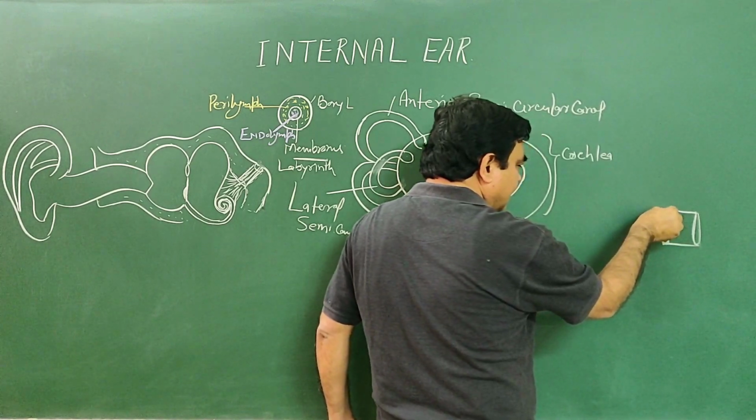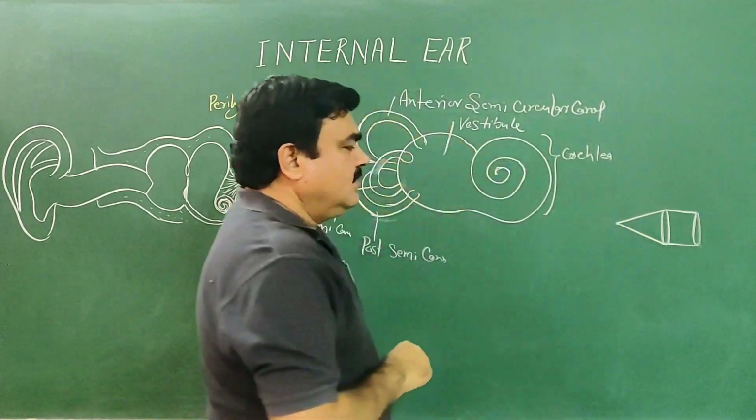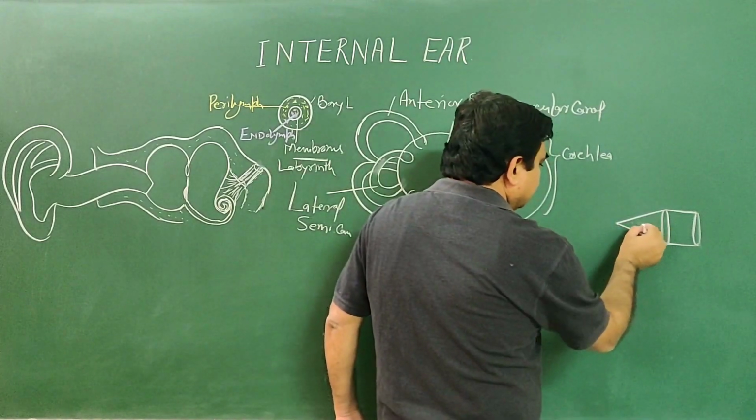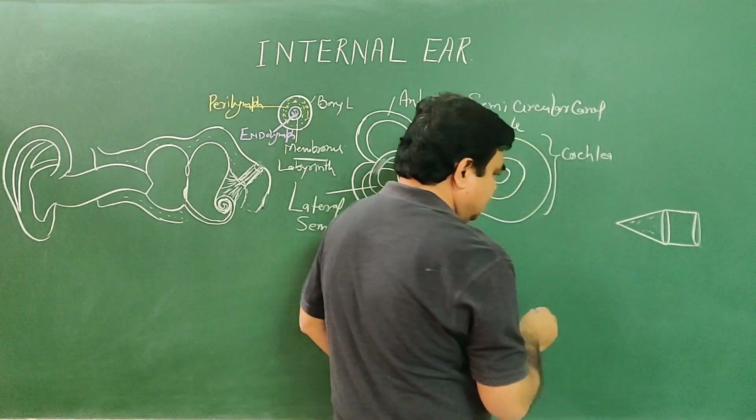From here, this is a cone-like bony projection. This is the modiolus.